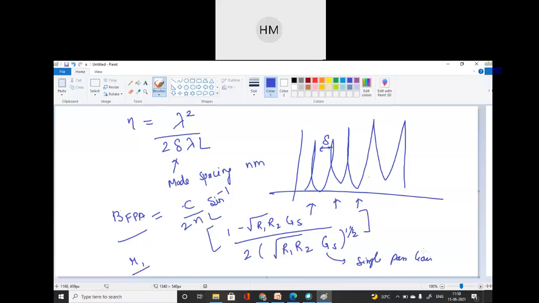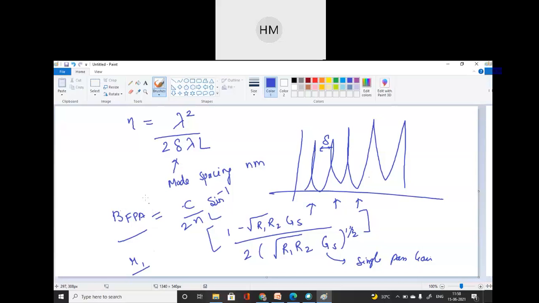All other parameters will be given to you and you can find out the 3 dB spectral bandwidth of the SOA amplifier which uses an uncoated FPA, which is a property of the reflectivities of the mirrors. FPA is the Fabry-Perot amplifier.